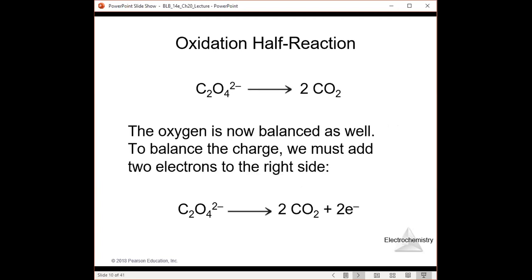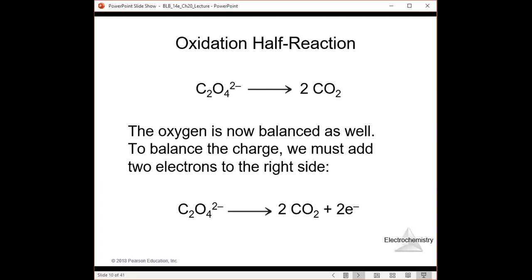Now, the oxygen has to be balanced. To balance the charge, you have to add 2 electrons to the right side. So you have C2O4 2- going to CO2, and you add those 2 electrons to the right side. That's what you have to do in order to balance that. Everybody see that?